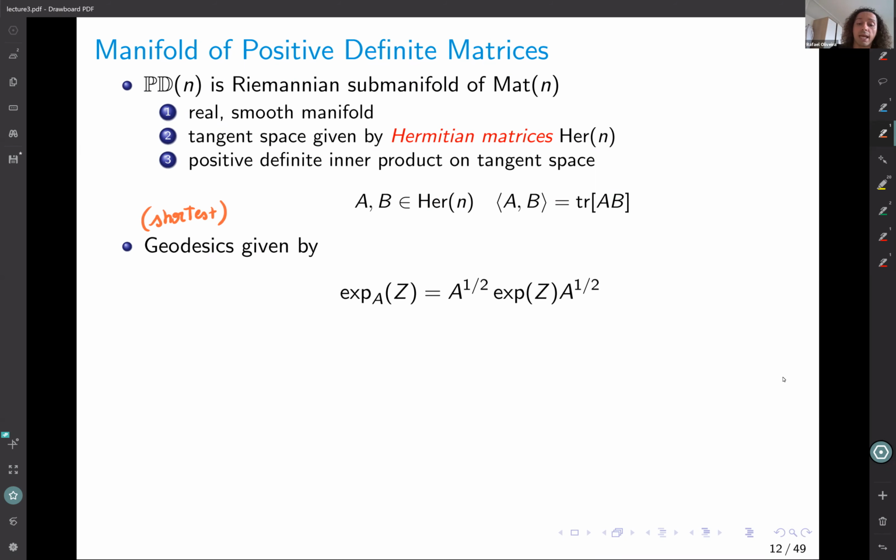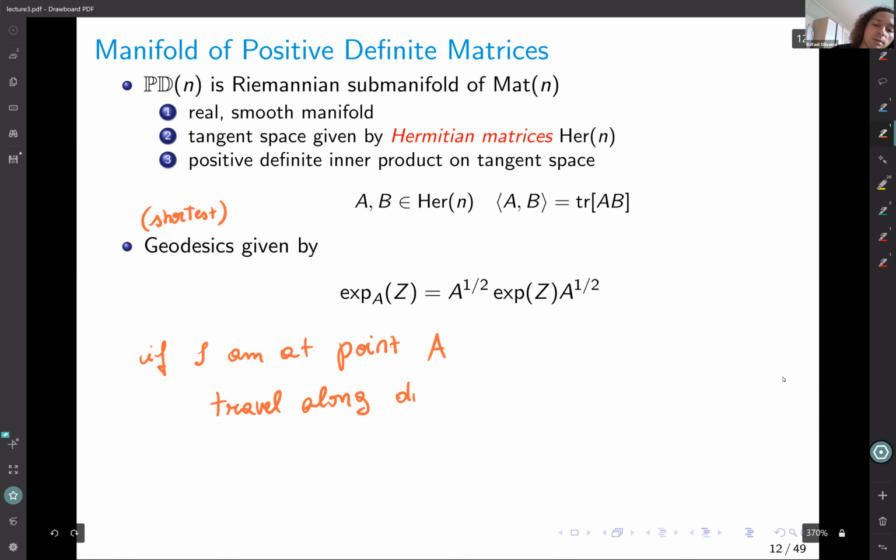So let's interpret what this means. If I am at a point A of the Riemannian manifold, and I want to travel along direction Z. So A is in the positive definite manifold, and Z is a direction, so Z is in the tangent space at A. But the tangent space at A is isomorphic to the set of Hermitian matrices, right?